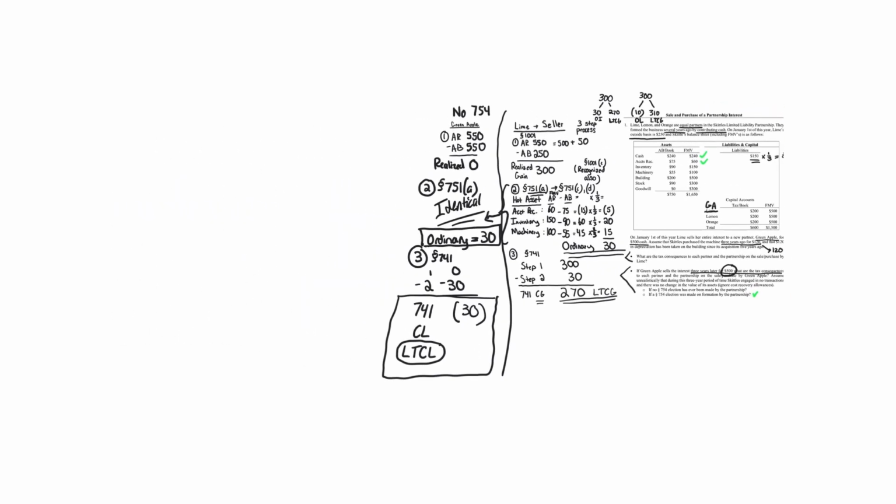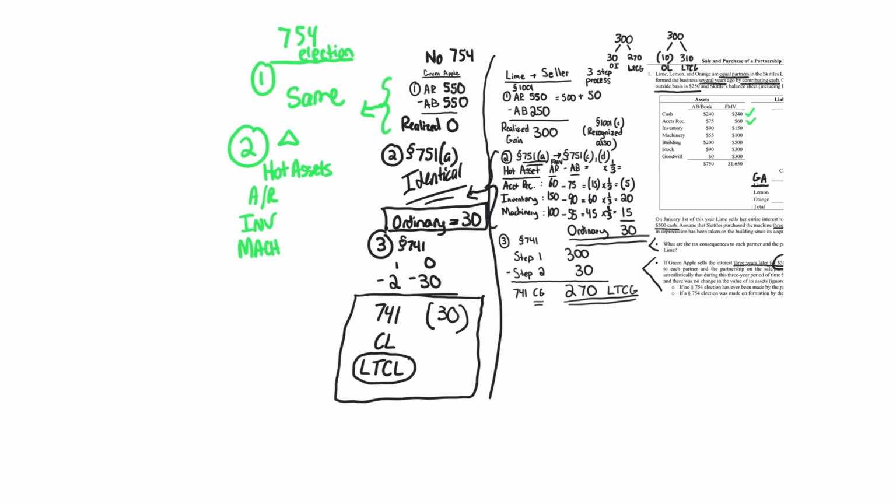If we have a 754 election in place, step 1 is the exact same. Step 2 changes, and we go through the hot asset analysis, and you would find that for each of the hot assets, accounts receivable, inventory, and machinery, the portion, right?